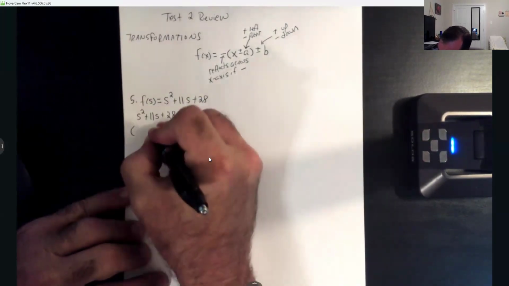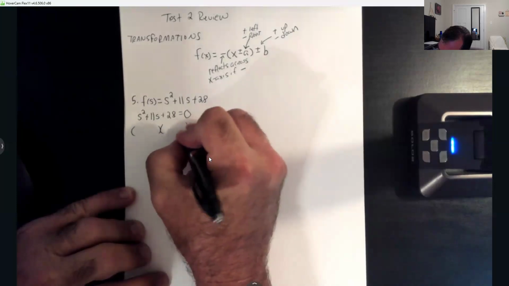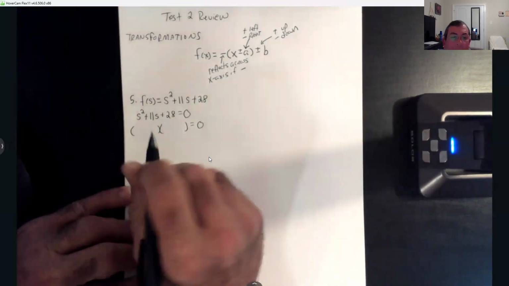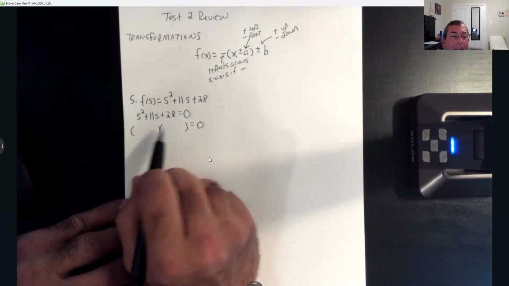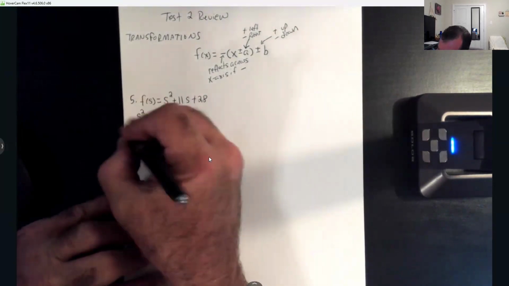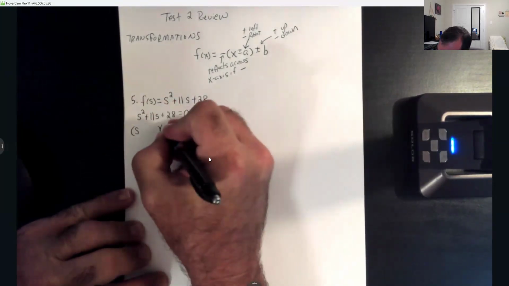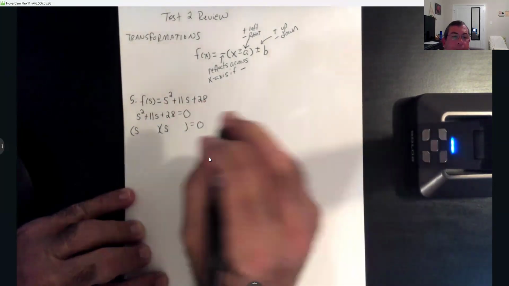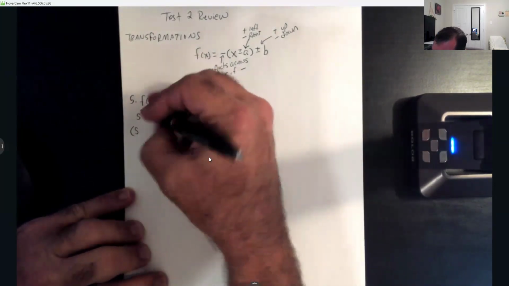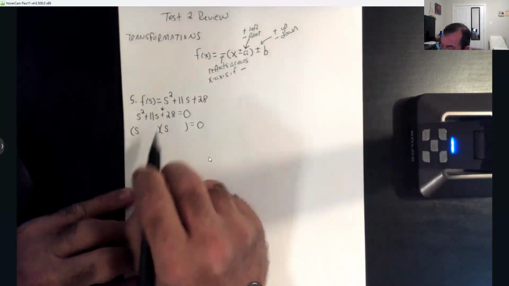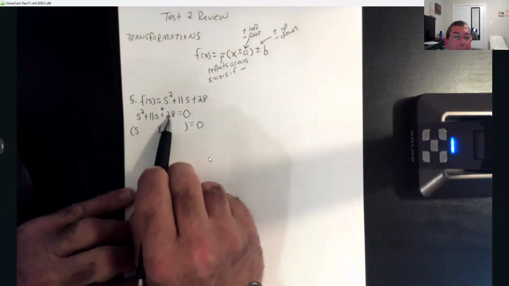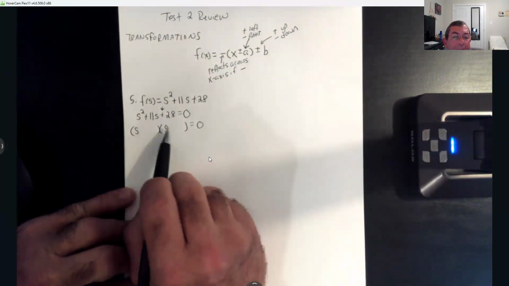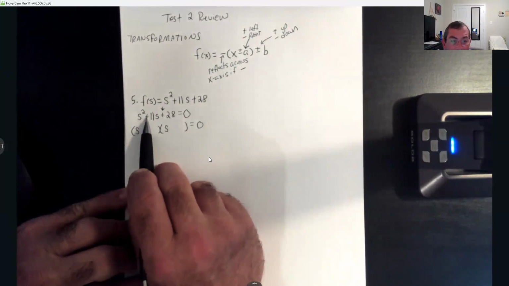So I'm going to solve it by factoring. That's going to give me 2 sets of parentheses. The s squared is going to be an s and an s in front of both of your parentheses. This last number is positive. So remember, anytime the last number is positive, both of these factors will have the same sign as the middle number.